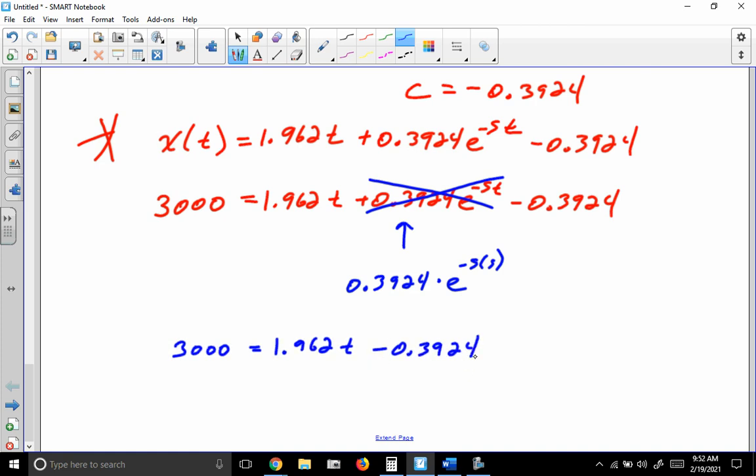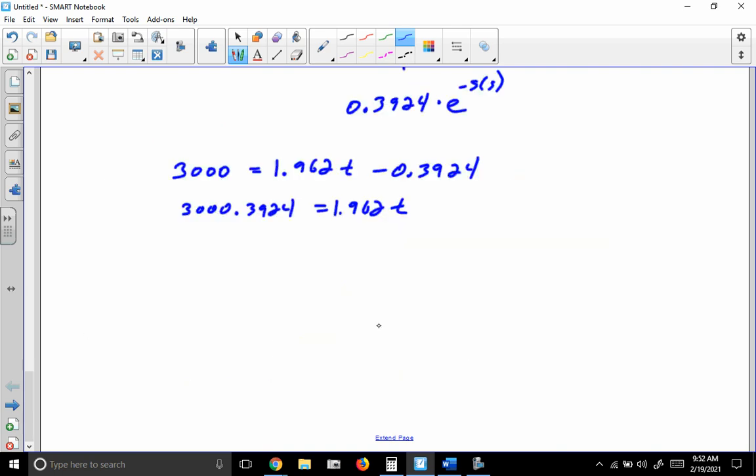So we can add 0.3924 to both sides. So that gives us 3,000.3924 equals 1.962t. And then we can divide both sides by 1.962. So those cancel.